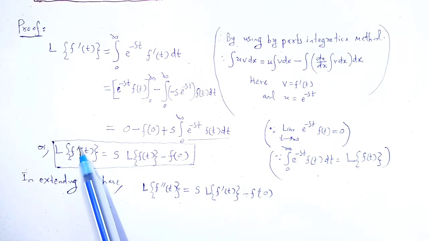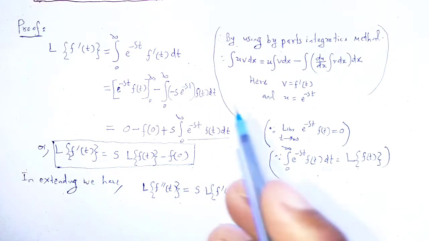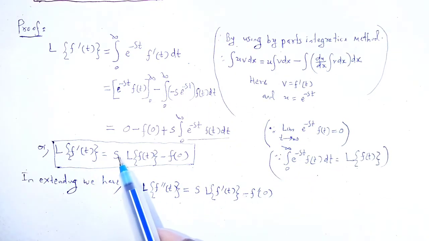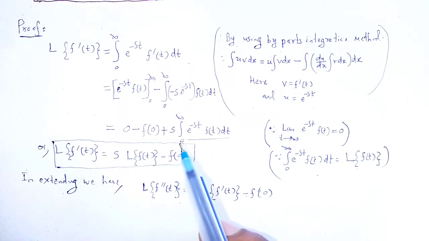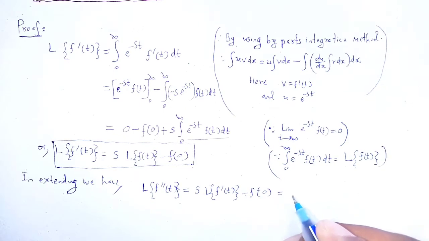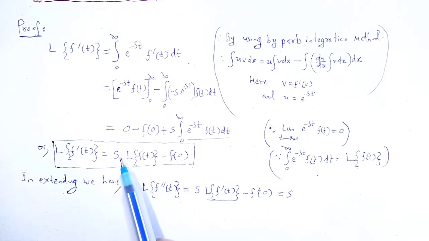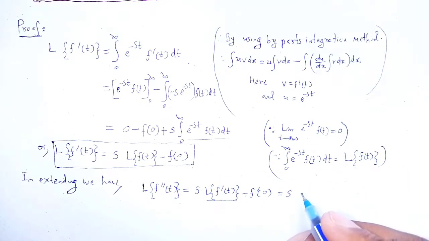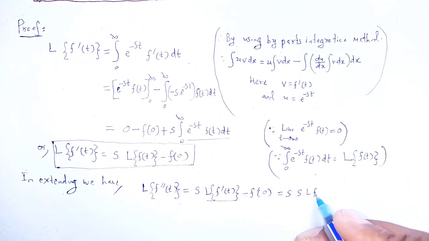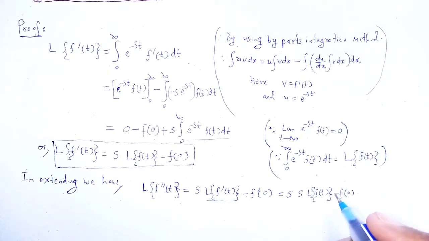Taking the second order differentiation, Laplace transform of that second order differentiation function by considering that kind of expression, which is equal to s Laplace transform of f dash t, that expression as s Laplace transform of f of t minus f at 0.